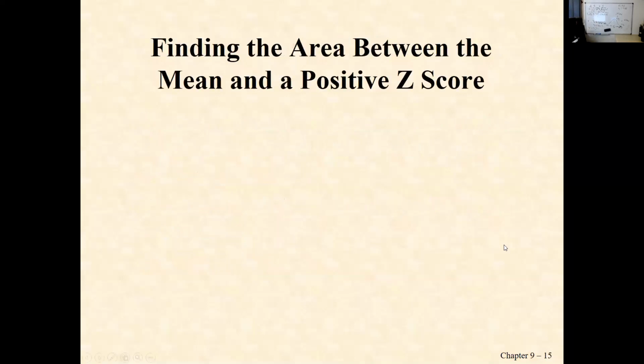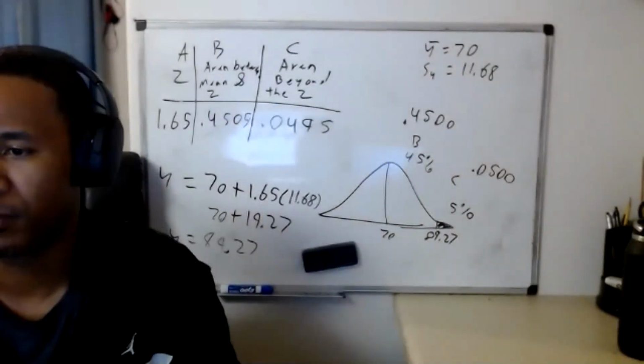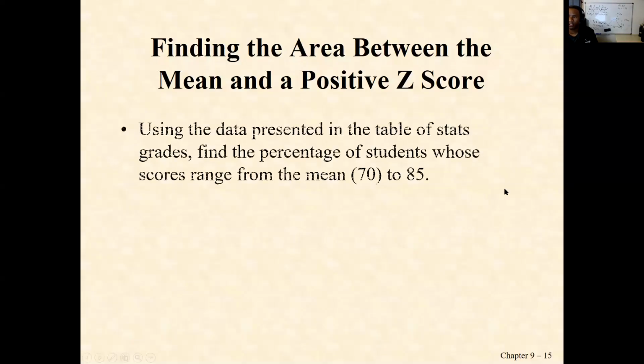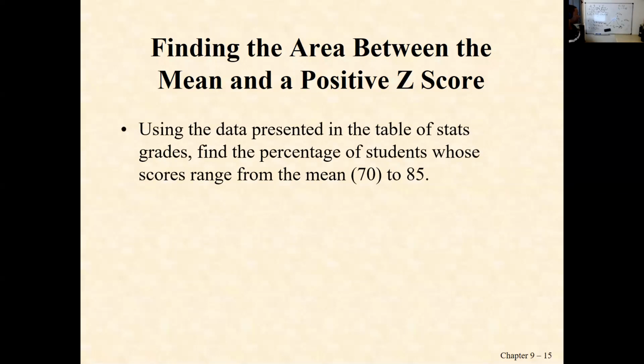So now what we're going to do is find the area between, let's just go ahead and give this a shot. Let's find the area between the mean and a positive Z score. So how would you go about doing this? Well, we already talked about 85, right?